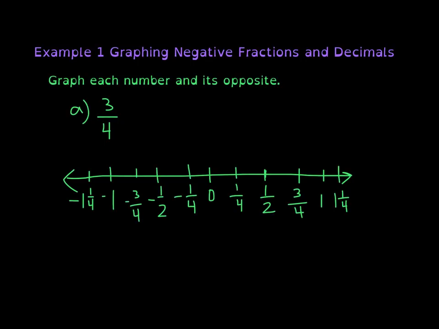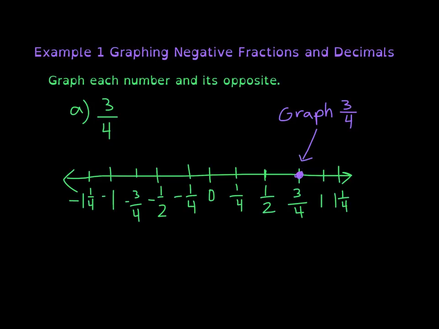I just want to point something out now that I've done them in fourths. Notice that I started at 0, and then I go to 1/4, and then it goes to 1/2. 1/2 is also equivalent to 2/4, so I still went by fourths. I'm going to start off with graphing 3/4, and then I'm going to think about graphing its opposite.